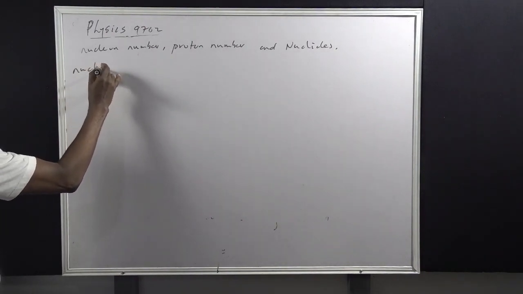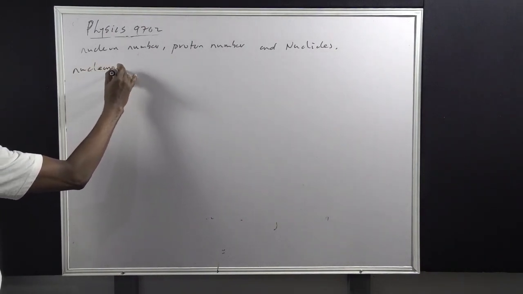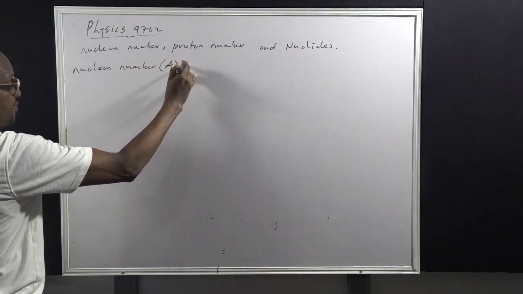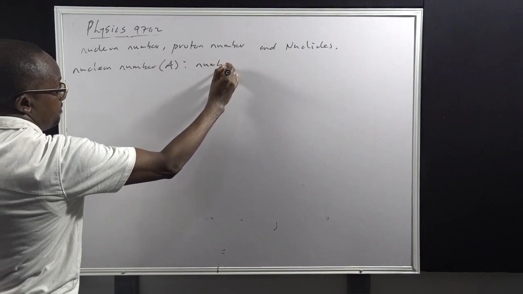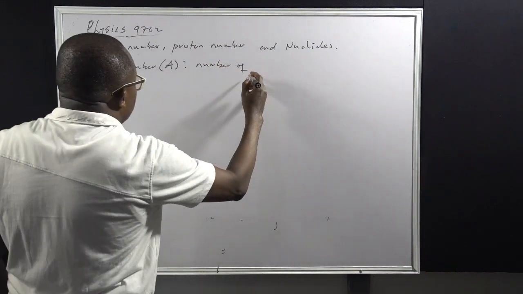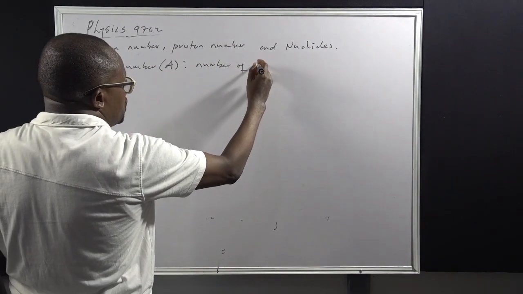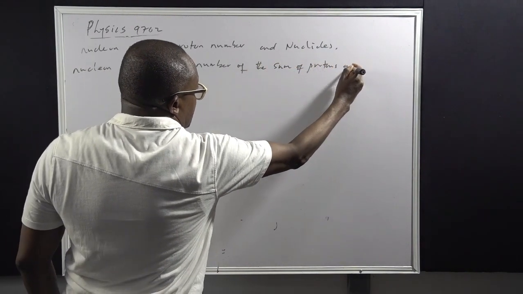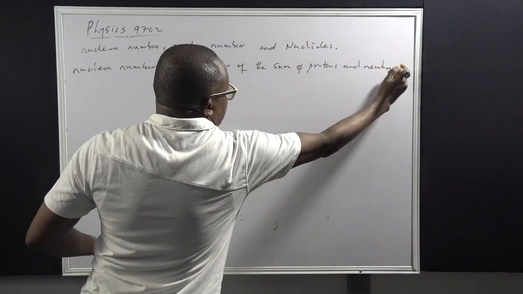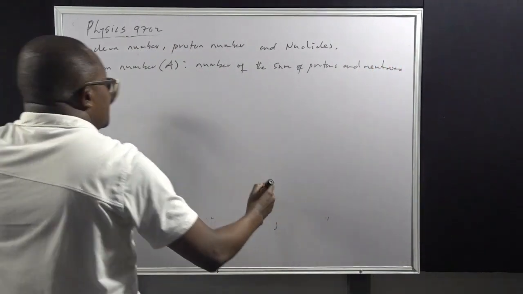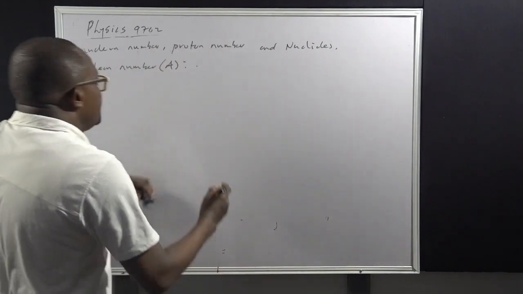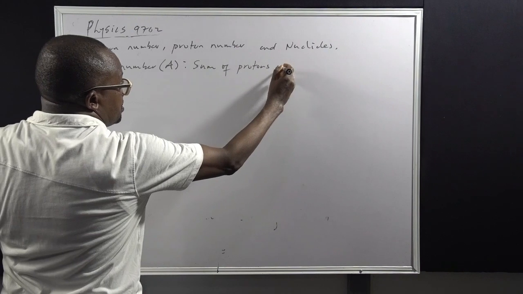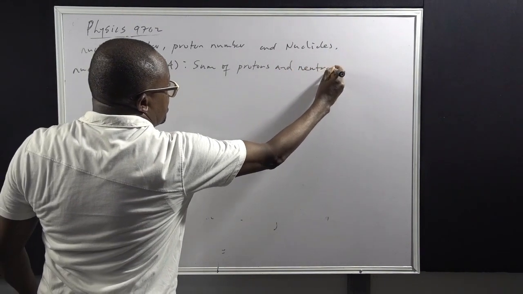Nucleon number is simply denoted with A, and this is the sum of protons and neutrons.